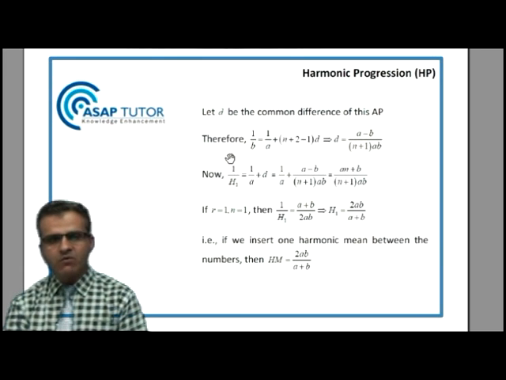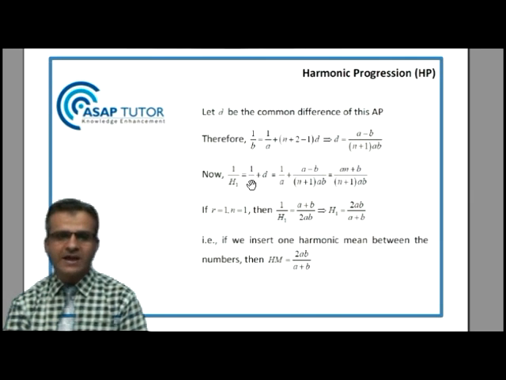So 1 over H1 is equal to 1 over a plus D, because 1 over H1 and 1 over a will be terms of the corresponding AP, so we can use the formula for AP to find the next term. Solving it, we get (an plus b) over (n plus 1) into ab.